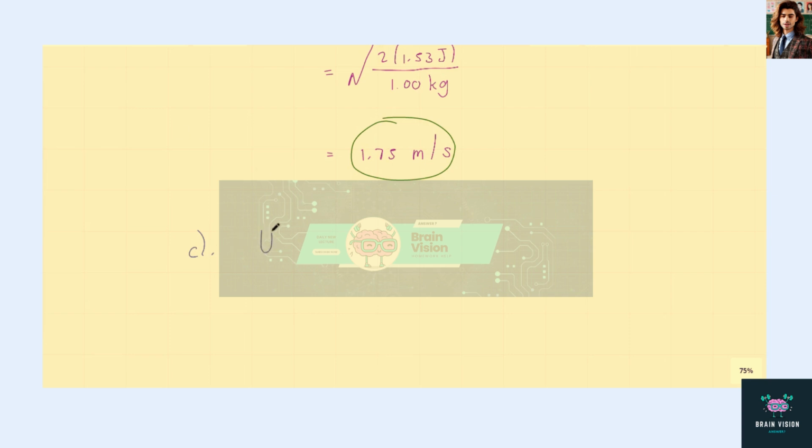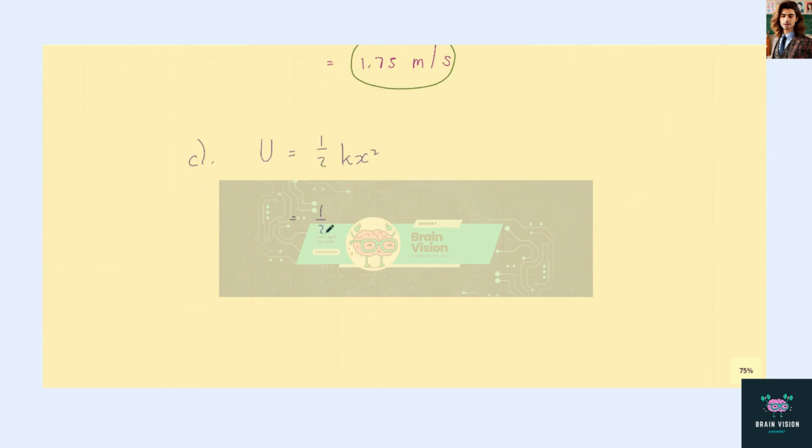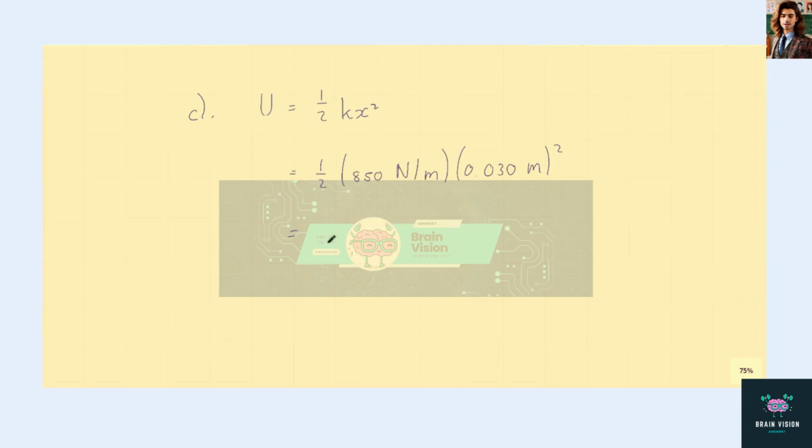So again, we'll use the equation for the elastic potential energy at this point, which is not 0, a half kx squared, to be a half times the force constant of the spring, 850 newtons per meter, at a distance of 0.03 meters from equilibrium, and that's squared. So the elastic potential energy at this point is 0.383 joules.